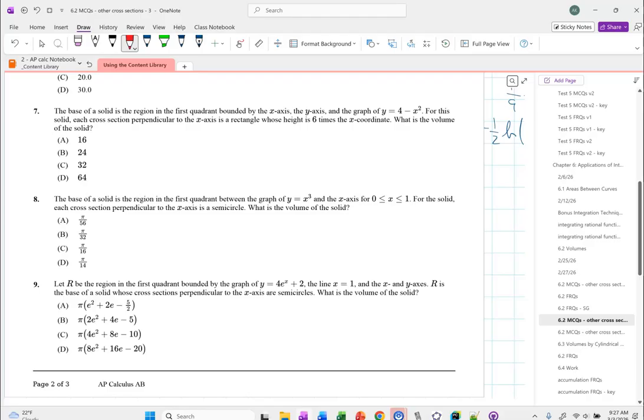For this solid, each cross-section perpendicular to the x-axis is a rectangle whose height is 6 times the x-coordinate. What is the volume of the solid? So I'm going to sketch myself a little picture. We know we're bounded by the x and y axes.